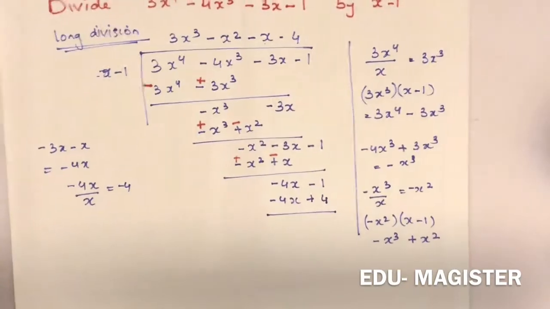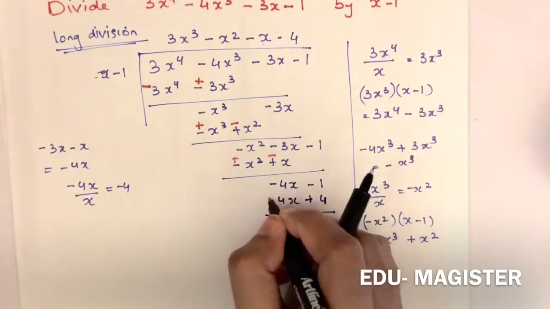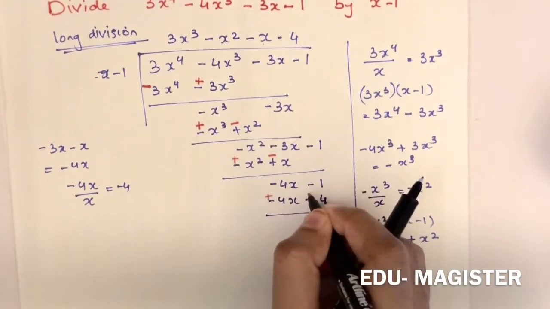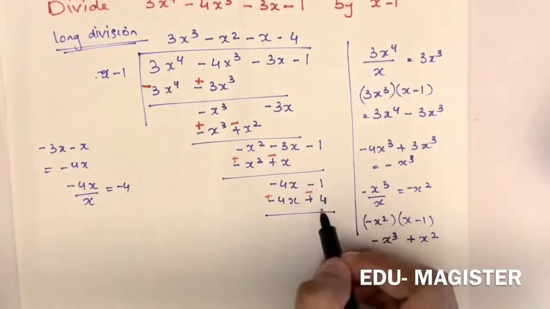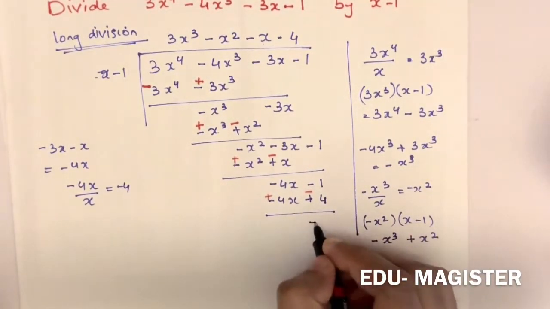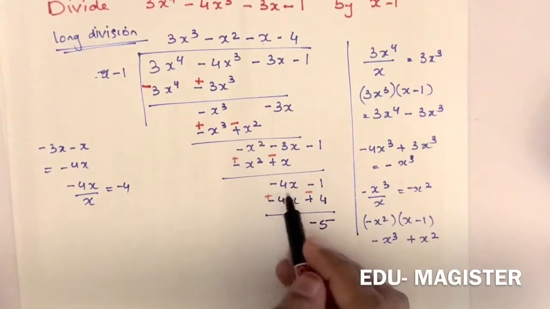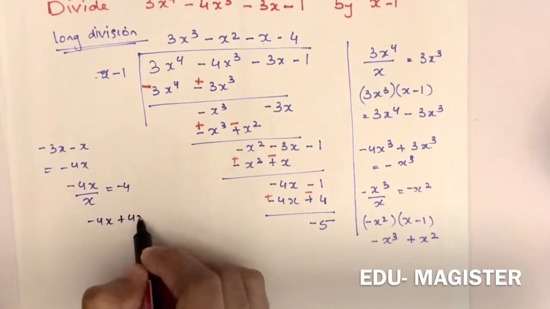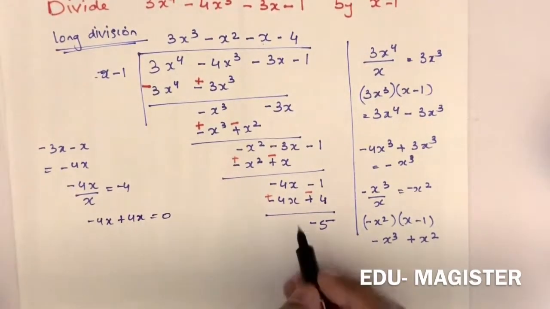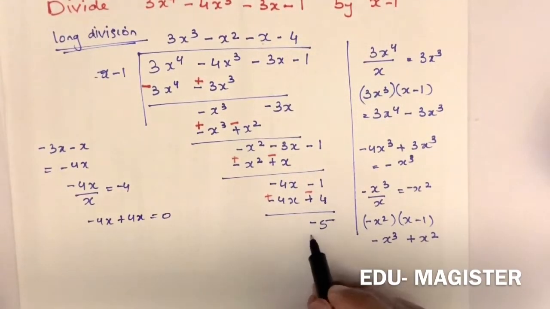Now next we will subtract. Minus 1 minus 4 is minus 5, and this is minus 4x plus 4x, 0. Now the remainder is minus 5.